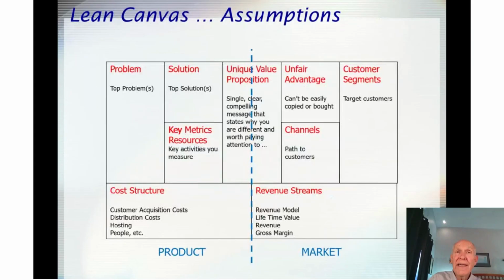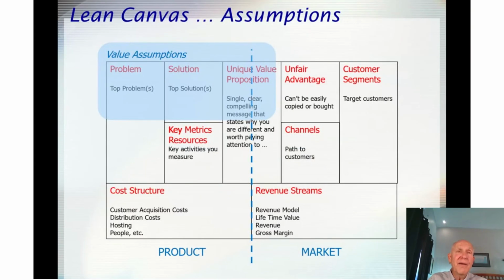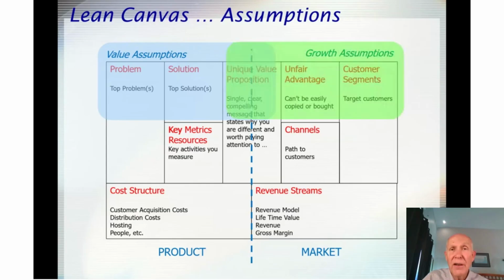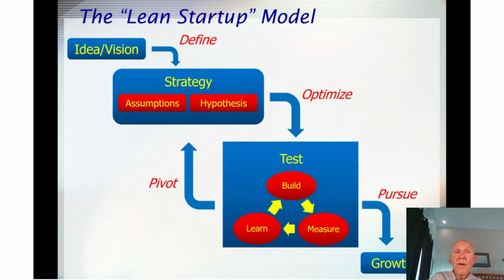So going back to the lean canvas, the assumptions you have, the value assumptions relate to how good are you able to define a problem that people want a solution for? Is your solution a good solution? And then if you can deliver that and you have a competitive advantage, you can grow.